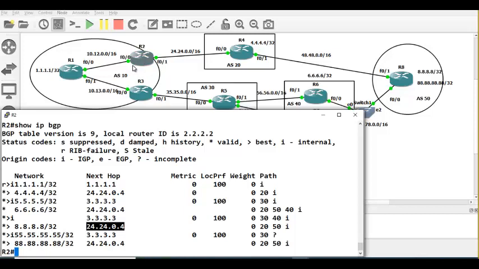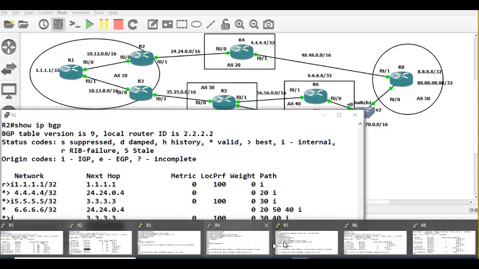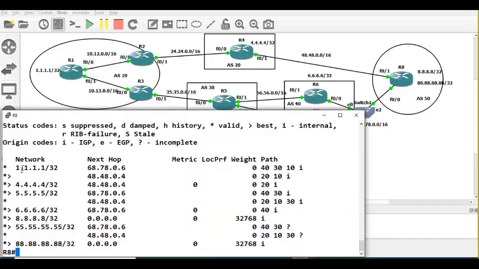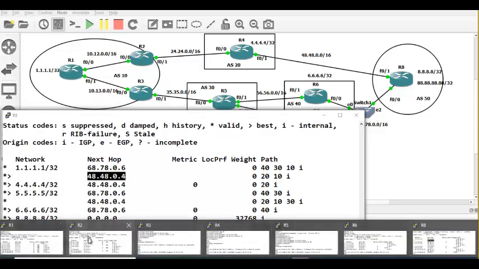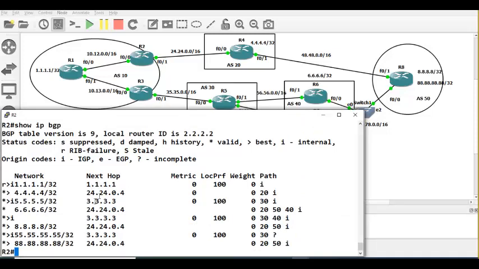See, on router 8 when I check 1.1.1.1 I see 2 paths. Please understand, you try answering this question. On 8 when I check 1.1.1.1 I have 2 paths via 6 and via 4. Likewise, why am I not seeing 2 paths for reaching 8.8.8.8?